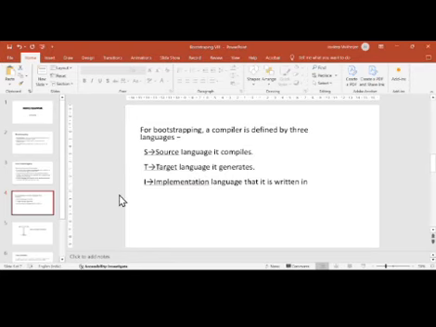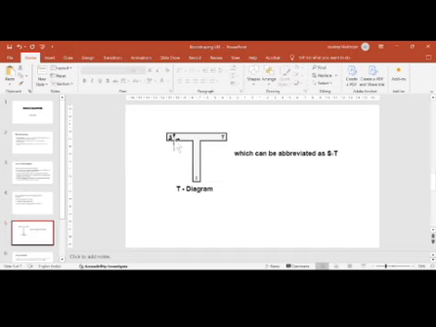Now we will see the diagrammatic representation of these three languages, S, T and I. We call this diagrammatic representation a T diagram, as it looks like a T structure. Say this is your source program converted to T with the help of I.